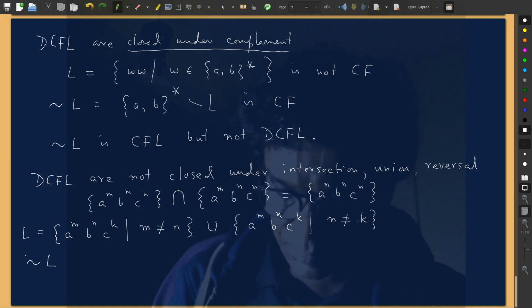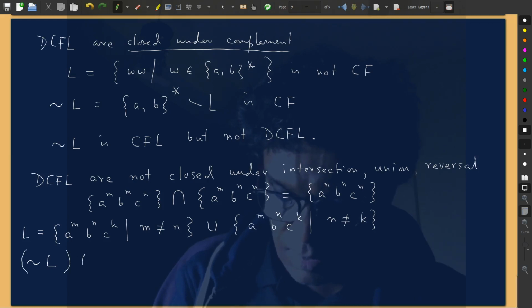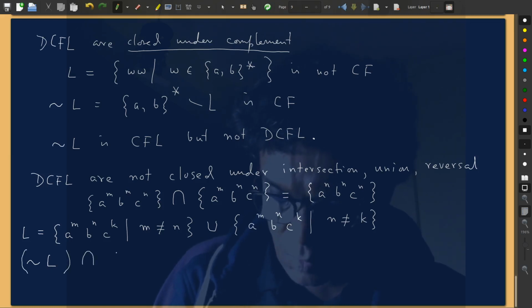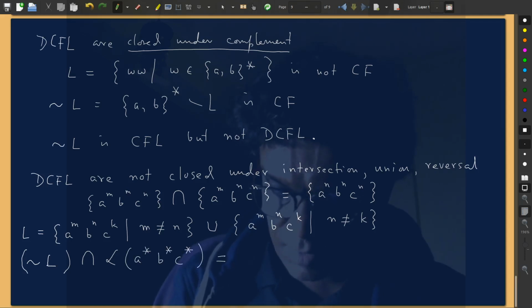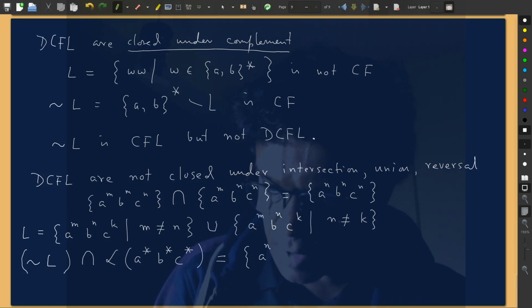And if I intersect this with A star, B star, C star, you know that the intersection of a context-free language and a regular language is context-free. But what will this be? This will be of this form: A power n, B power n, C power n.